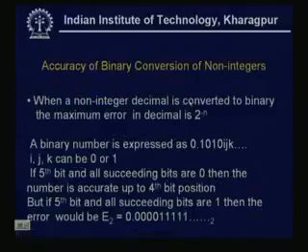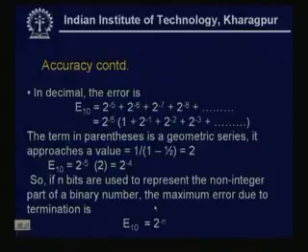Looking at the previous slide again, I have dropped the 5th bit and all succeeding bits, and if they were all ones, we define this as the error. This is the place value after the decimal point, the 5th bit, so it will be 1 into 2 to the power minus 5. The second one is 1 into 2 to the power minus 6.